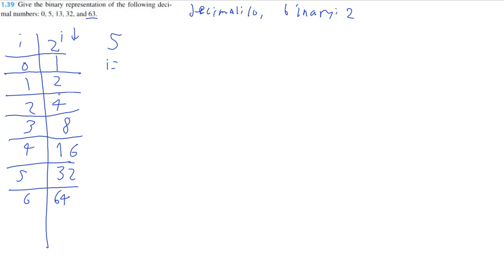So the largest possible number I can subtract from 5 without becoming negative is 4, which equals 1. And below this 4, I'm going to record the corresponding value of I, which is 2. So the next number I will subtract is 1. It's the only number I can subtract now, and we'll get to 0. And for 1, I equals 0.